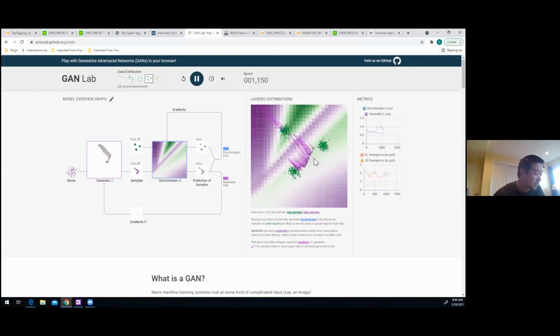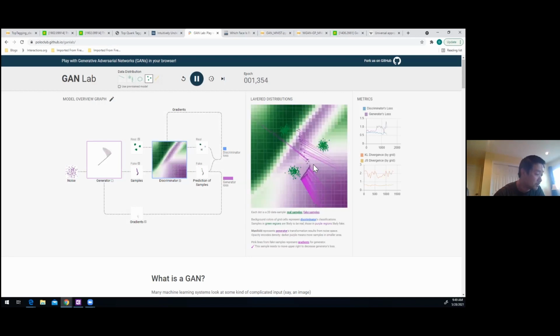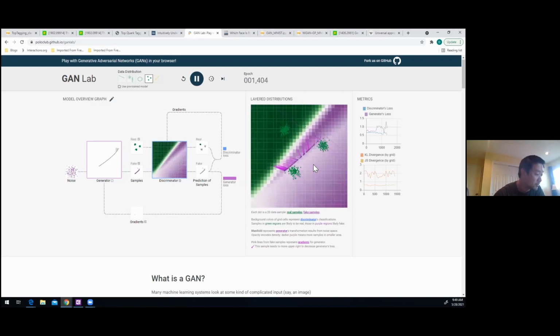I ran it before and I saw a mode collapse very clearly, but it doesn't happen every time. It's all very stochastic. So there it's trying to fit these two modes and completely ignoring that one, right? It's not doing a spectacular job of fitting these two modes, but it is totally ignoring that one. So, okay, that'll pass for mode collapse here.